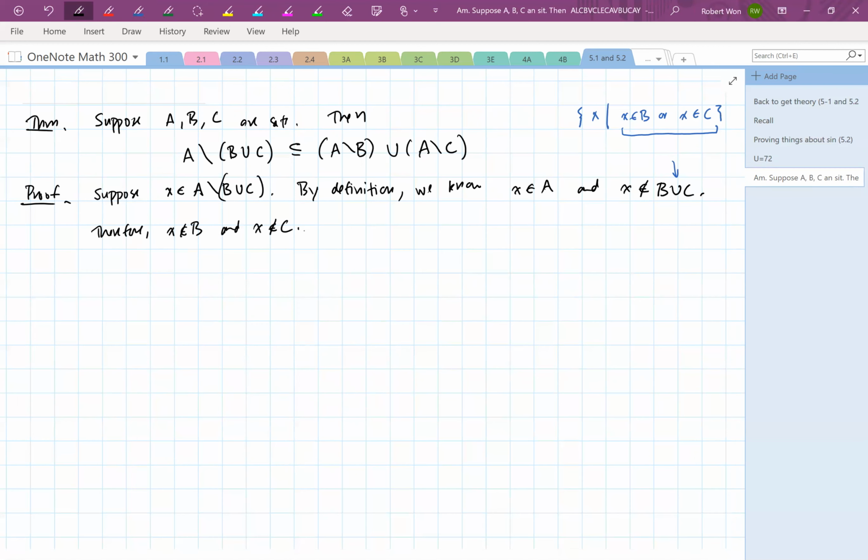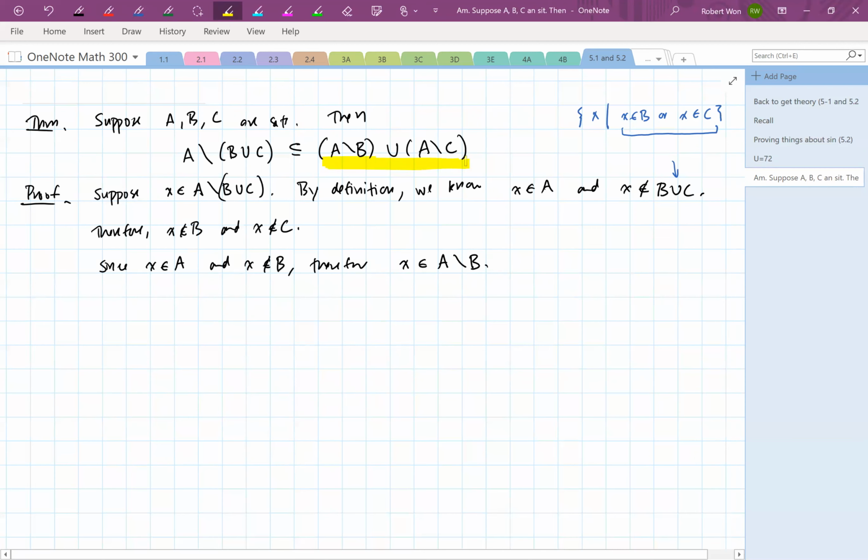Okay, now we know that this element x is in A and it's not in B. Since x is in A and x is not in B, therefore x is in A minus B. That's the definition of being in A minus B. And now if it's in A minus B, it's definitely in this union because this union contains A minus B. So x is in this union because this union is only bigger.